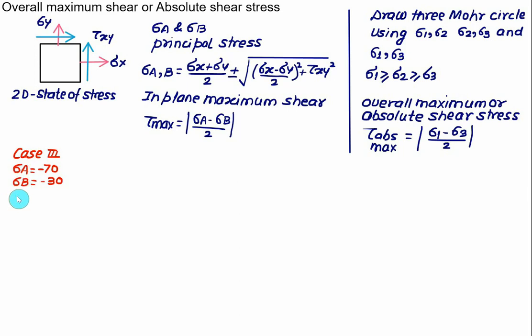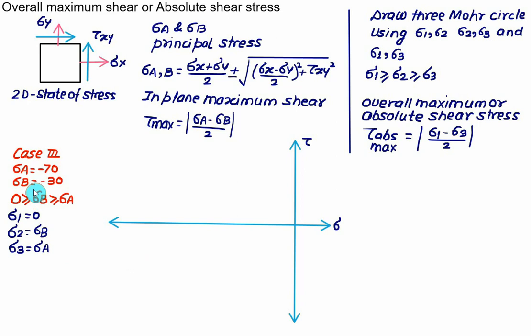So 0 is greater than or equal to sigma B, and sigma B is the higher value, greater than sigma A. We want to compare this with the sequence sigma 1 greater than or equal to sigma 2 greater than or equal to sigma 3. Then we assign sigma 1 equal to 0, sigma 2 equal to sigma B, and sigma 3 equal to sigma A.